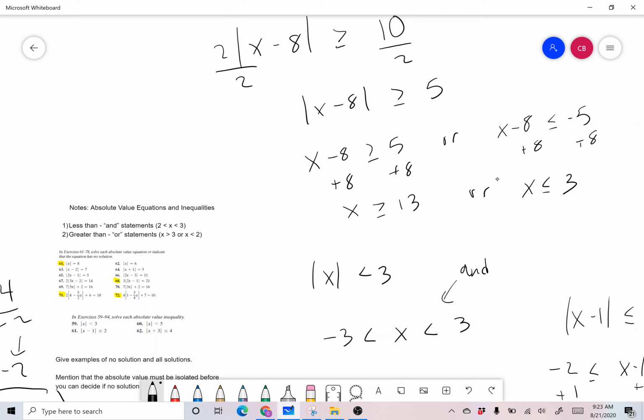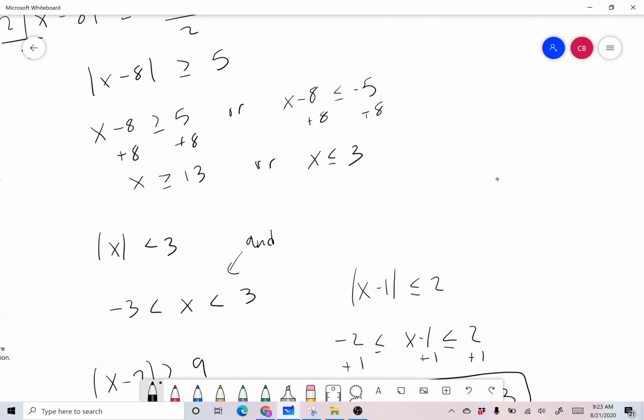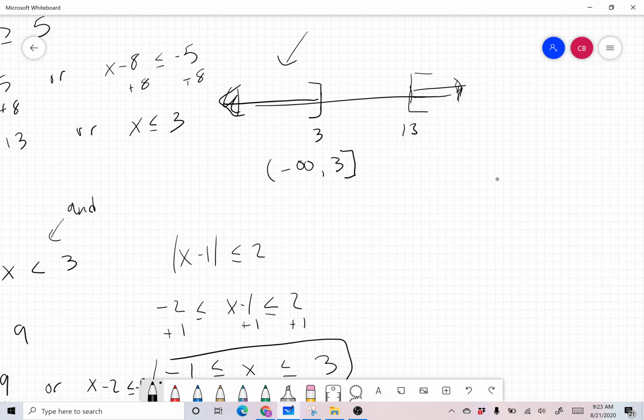So we graph it. Here's 3, here's 13. We go like this, and we go like this. Any value to the left of 3 would be from negative infinity up until 3. You always start with the lower numbers, and then you move left to right.